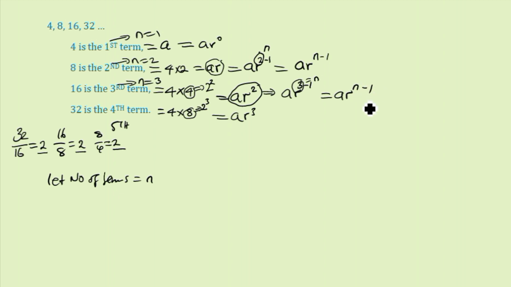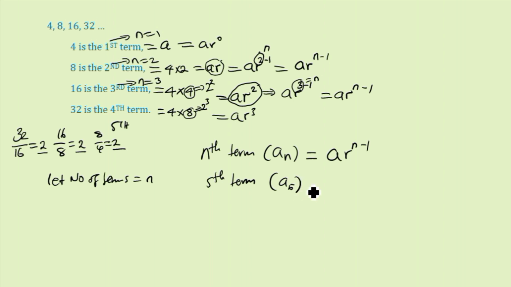So it means that the nth term, I can denote that one by AN, is given by AR power N minus 1, so that the fifth term, that is A5, is given by AR power 5 minus 1.